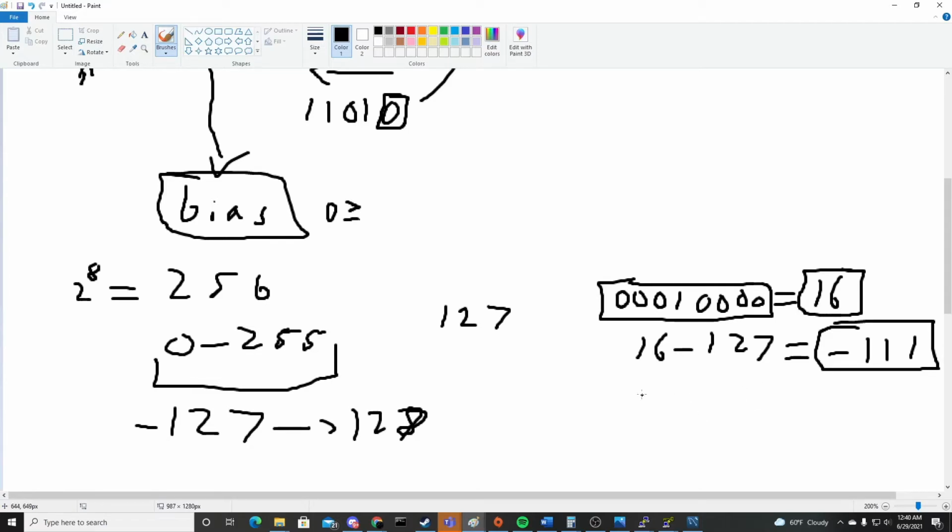Likewise, let's say we had all 1s, so 1, 1, 1, 1, 1, 1, 1, 1, which we know is equal to 255.